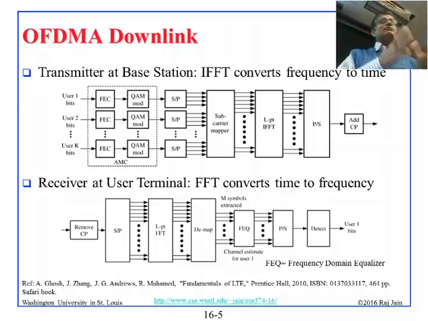The carriers for different users are mixed in, and each user may have their own modulation. Somebody may use 16 QAM, somebody 64 QAM, and so on. Then there is a lot of serial to parallel. I haven't shown the radio part here; this is all the digital part.